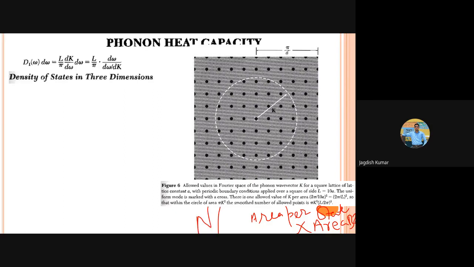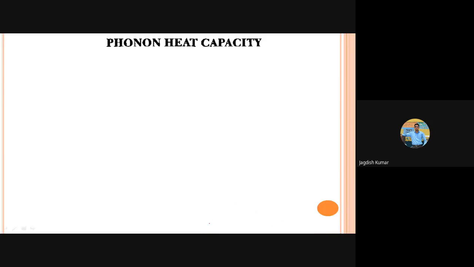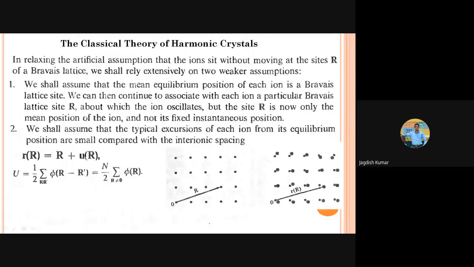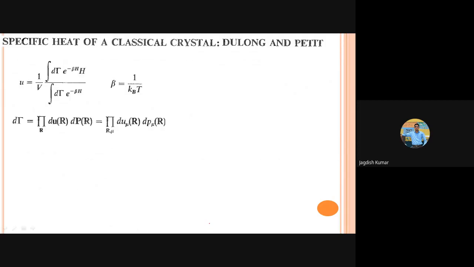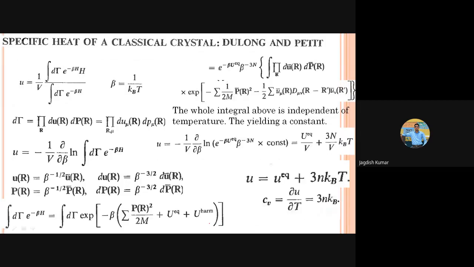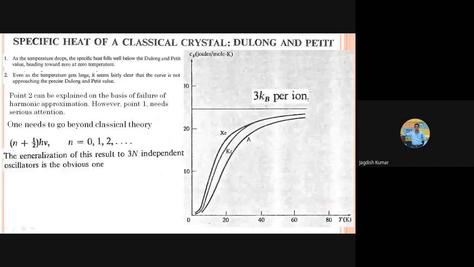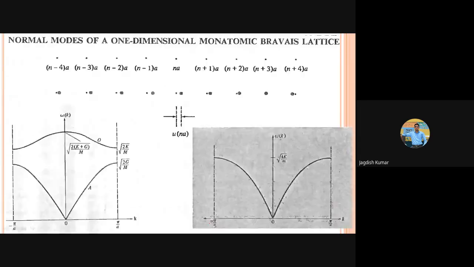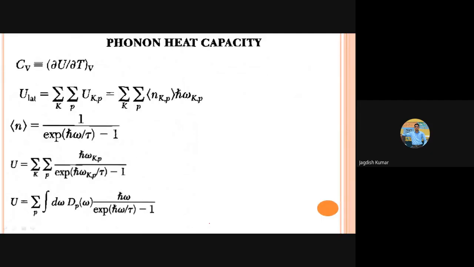Then the total number of states, when we differentiate that total number of states with respect to omega, when we take the derivative of the total number of states, this is already done.